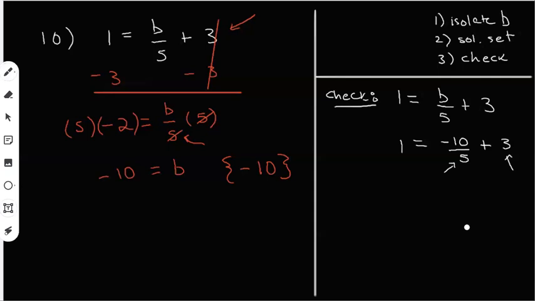So what's -10 divided by 5? That's going to be a -2. And I bring down the plus 3. And now if I add 3 to -2, I get +1. So I get 1 is equal to 1. That is a true statement. So I know that -10 is actually going to work here, and it belongs in the solution set.